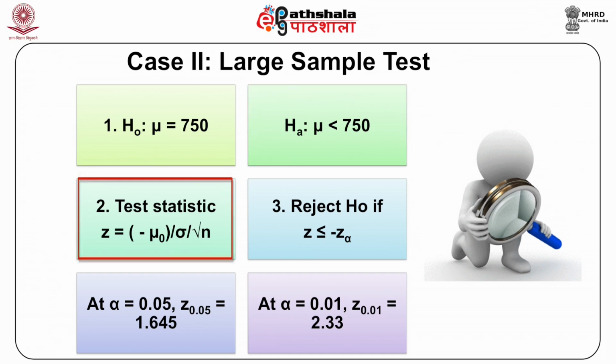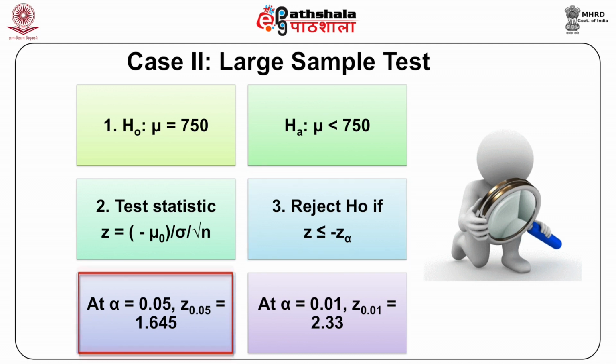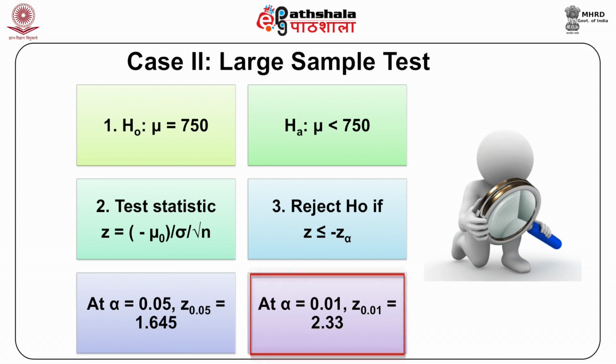2. Test statistic Z is equal to (x bar minus mu 0) divided by sigma divided by root n. 3. Reject H0 if minus Z alpha is greater than or equal to Z. At alpha equal to 0.05, Z 0.05 is equal to 1.645; at alpha equal to 0.01, Z 0.01 is equal to 2.33. 4.